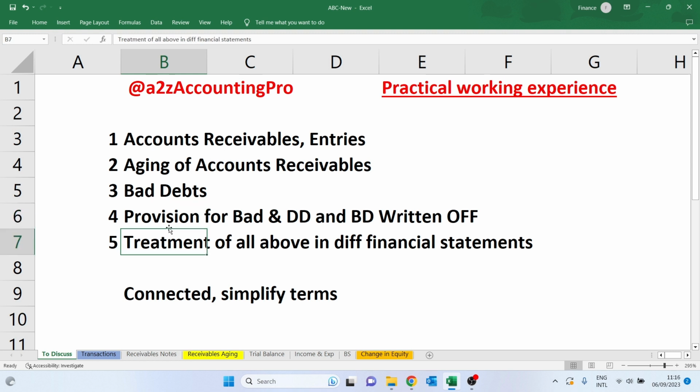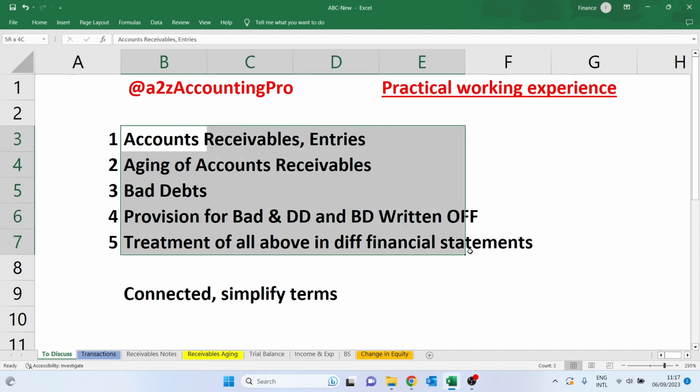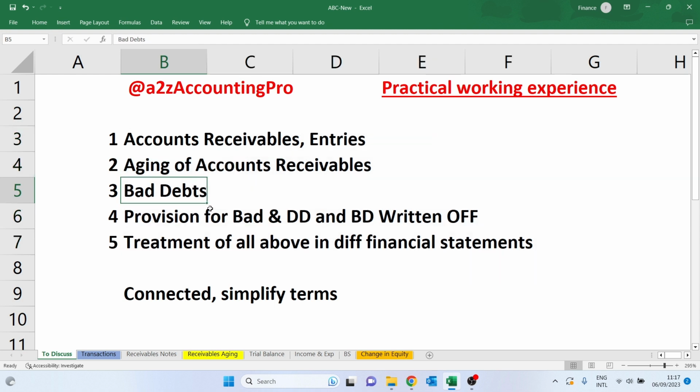This is a bit complicated, but what we are going to do here is simplify all these terms to understand the concepts very easily, in easy steps, so you can do these things in the books of your company. So let us go straight to the video.